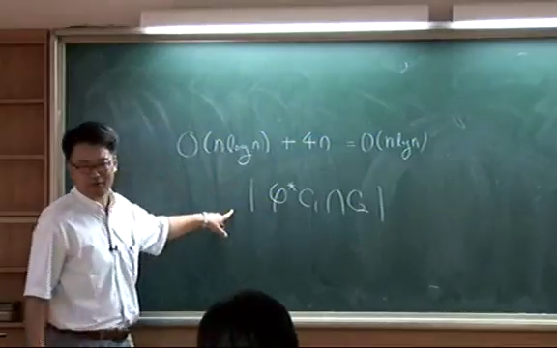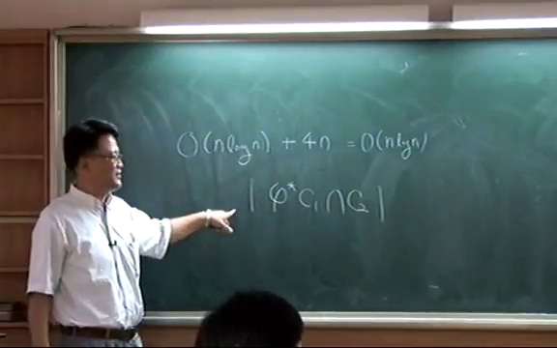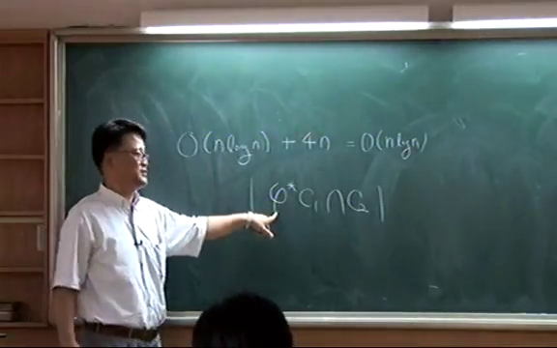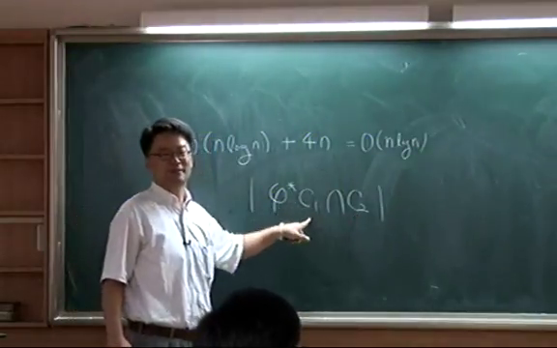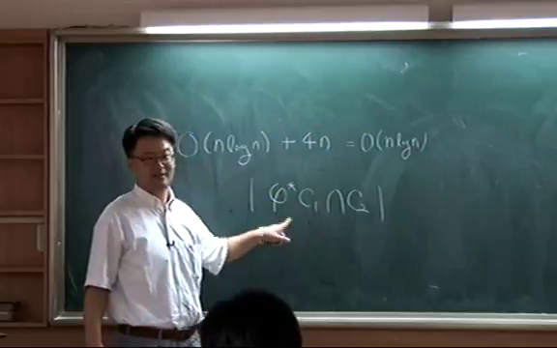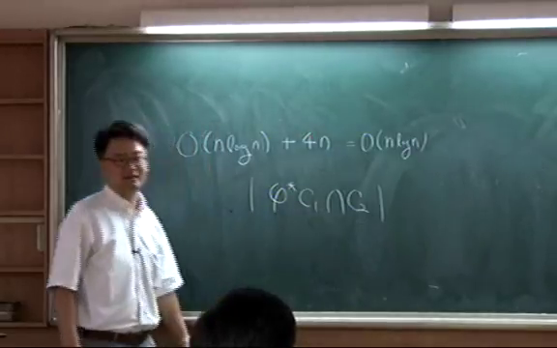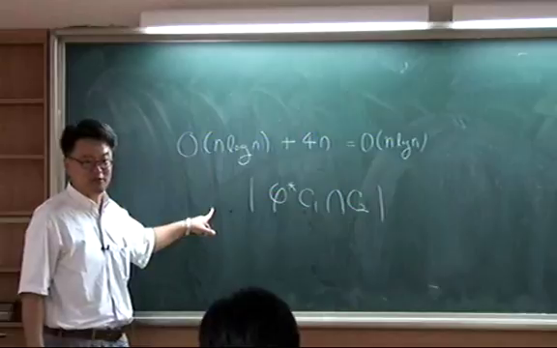We take C2 and take their intersection. This is the size of the intersection, the maximum overlap. This is the optimal solution.